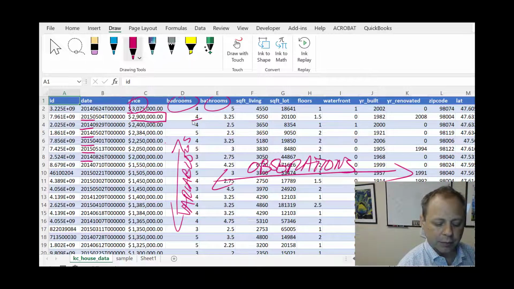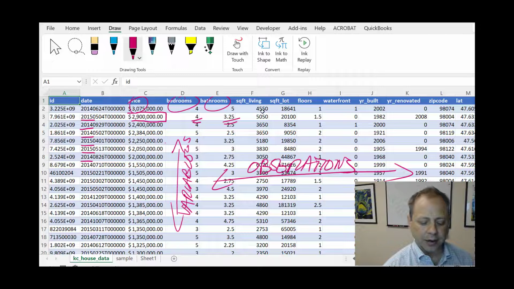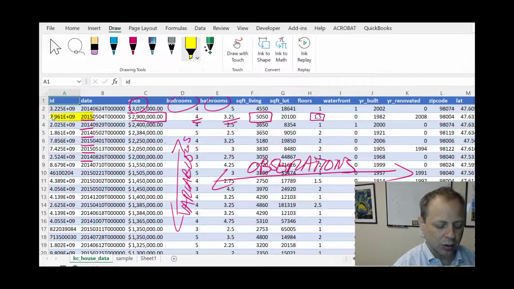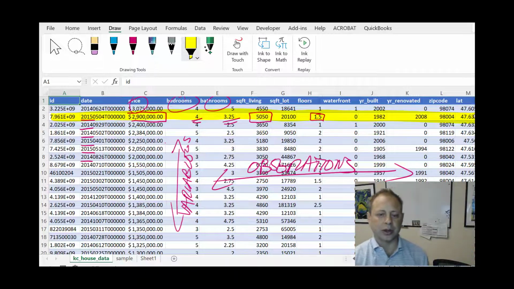It had 4 bedrooms, 3.25 bathrooms. I don't know what 2.5 means. And a 5,000 square foot living space, right? 1.5 floors, and so on. So everything that occurs on this row are characteristics that describe that one transaction.